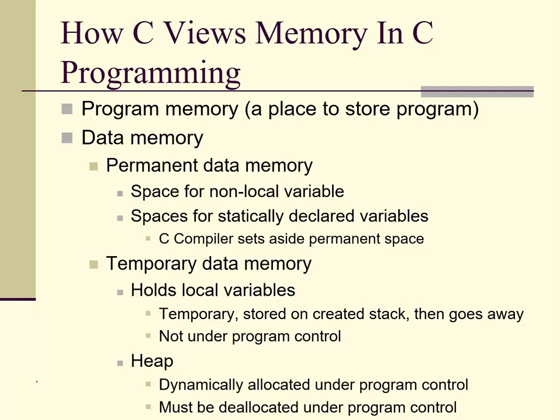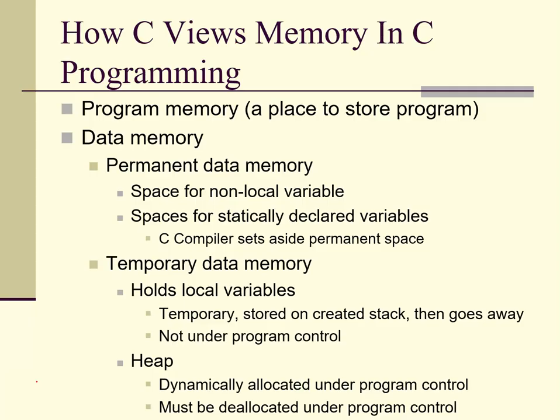But temporary data memory is more important. It's used quite often. As we talked about before, data is passed to functions via the stack, and the variables declared inside functions are declared on the stack as well. When the function goes out of scope, meaning the function finishes, the memory goes away.